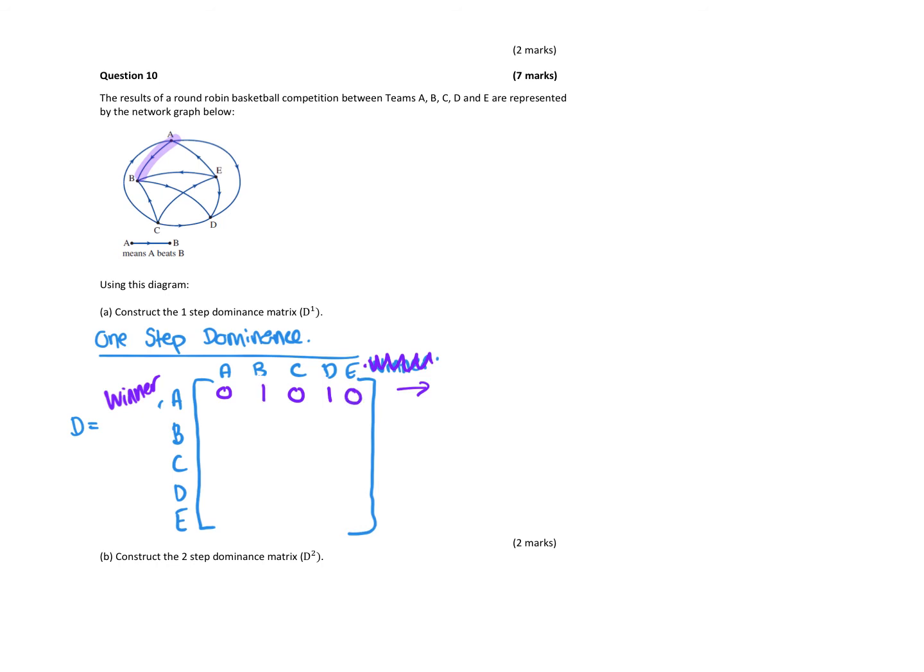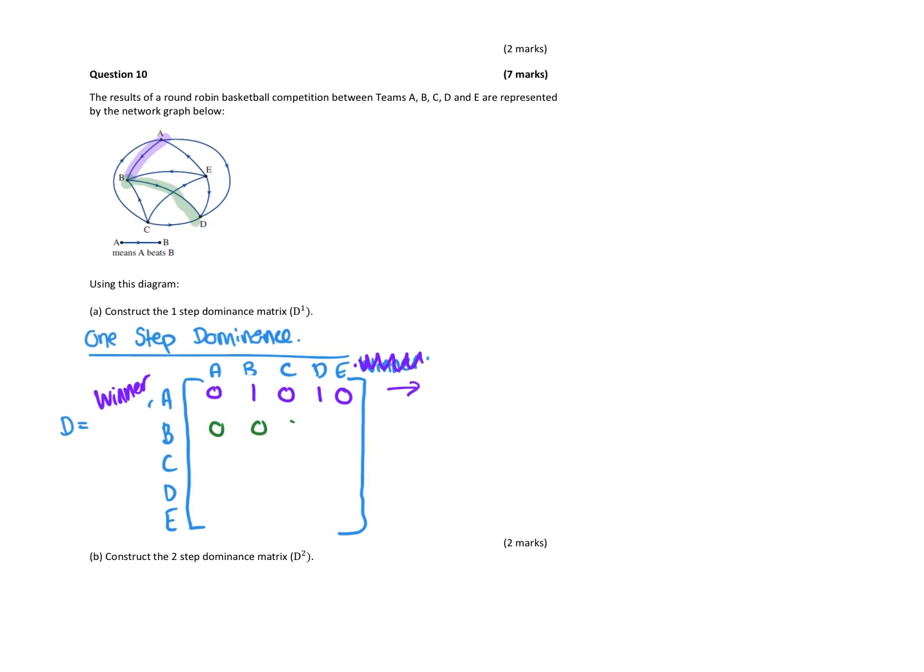Okay, so let's look at B now. B beat D, and that was it, so 0, 0, 0, so it won there. Okay, going across C. C beat E, beat B, beat D, and beat A. Looks like it beat everyone, except for itself, obviously.